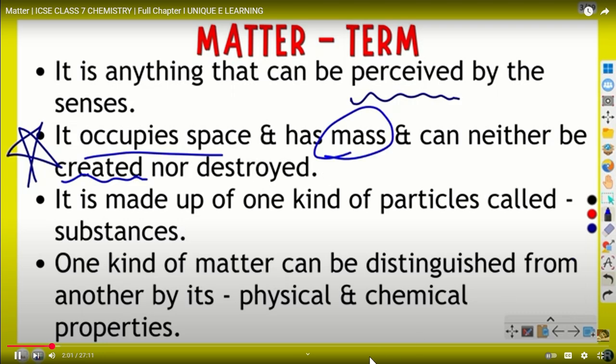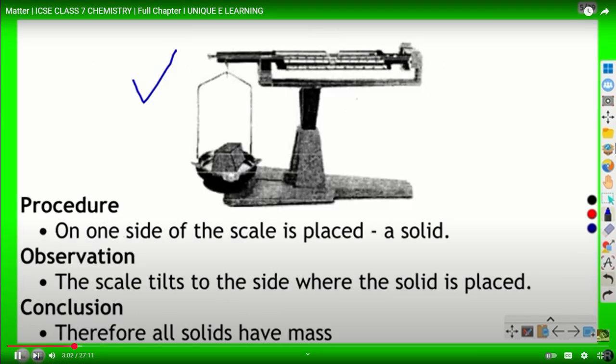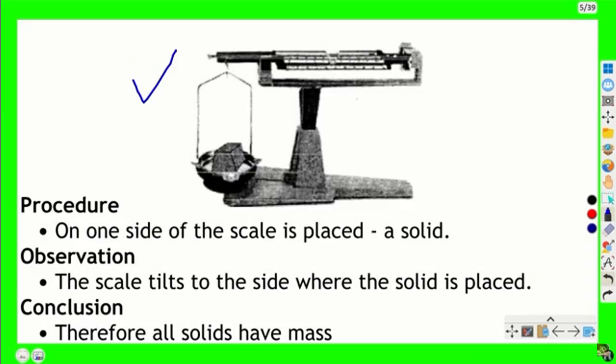No, first let's read. One kind of matter can be distinguished from another by its physical and chemical properties. Now, the procedure of this example is that on one side of the scale is placed a solid object or solid material, you can say whatever you want, and the observation that we get to see is the scale tilts to the side where the solid is placed because it contains mass.